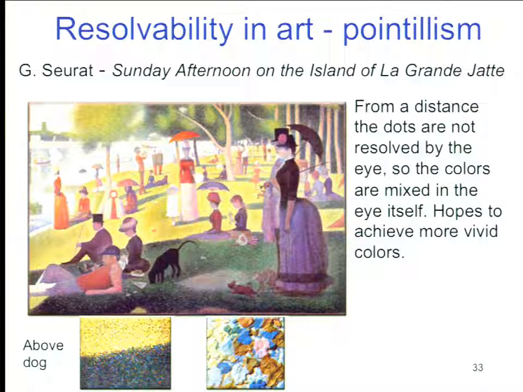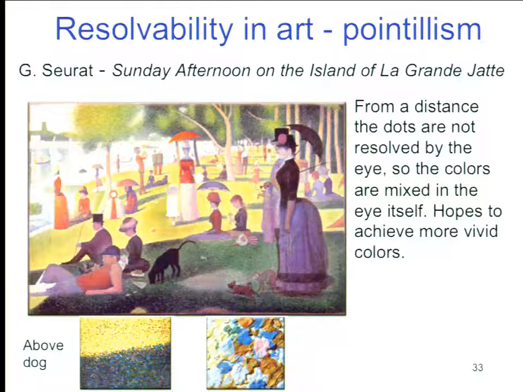You may have seen this picture before. It's a famous picture by a French artist, Seurat, and he painted this.